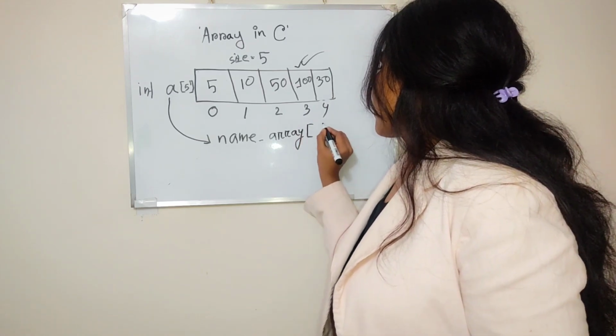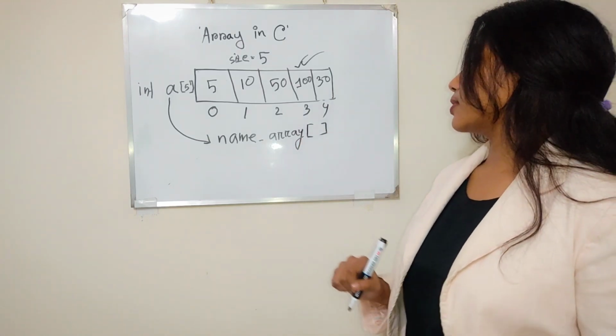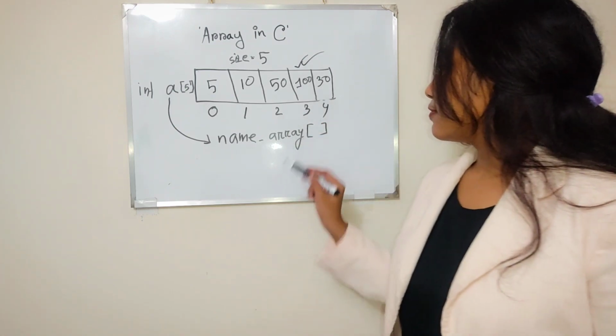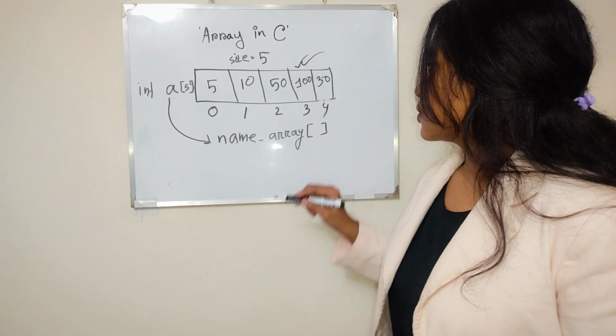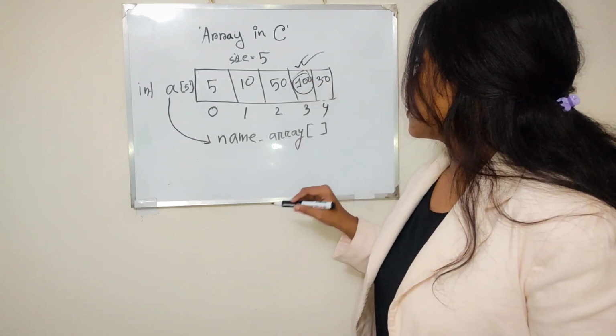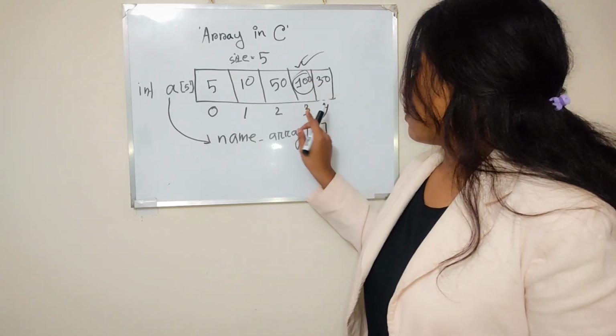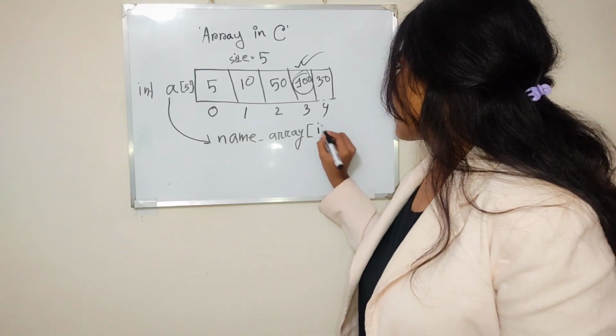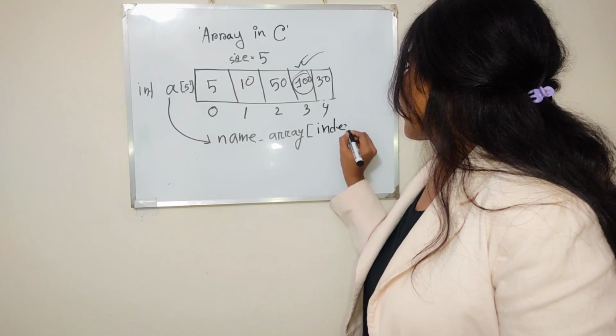Next, you will have to use square brackets, and inside the brackets, you will have to mention the index number of the value that you want to access. So inside you will have the index value.